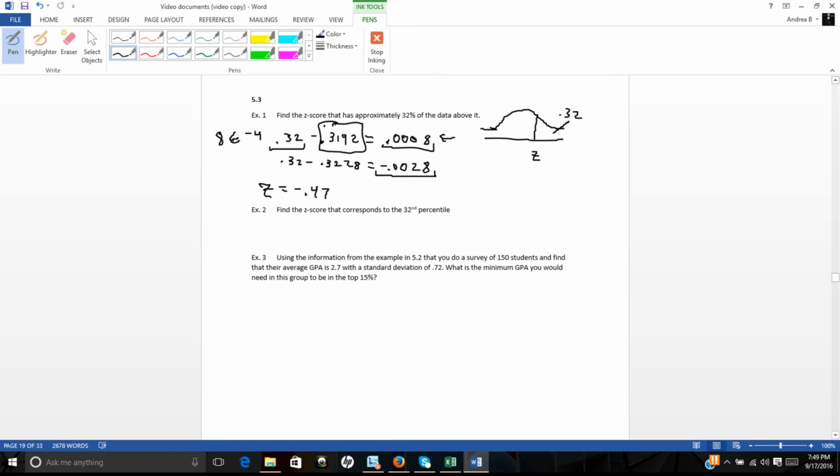But like we said here, instead of it being the bottom 32% or having 32% below it, we wanted it above it. So really what we just found here would be if we're looking for 0.32 down here, that would be at a z-score of negative 0.47.